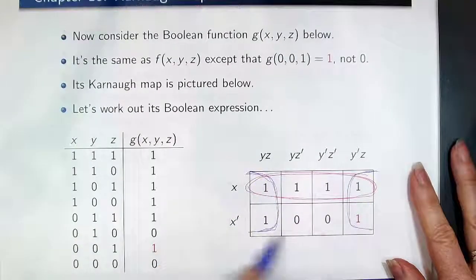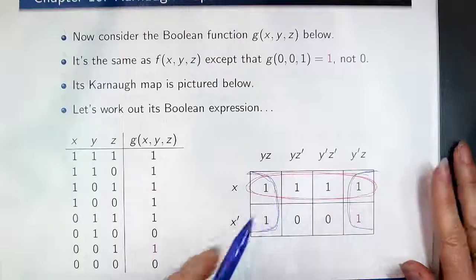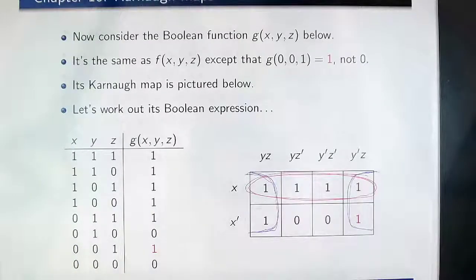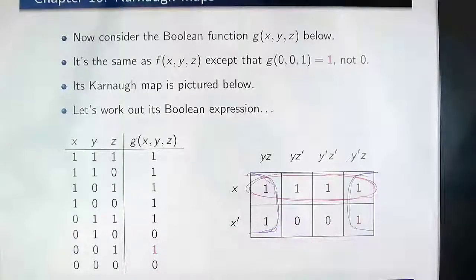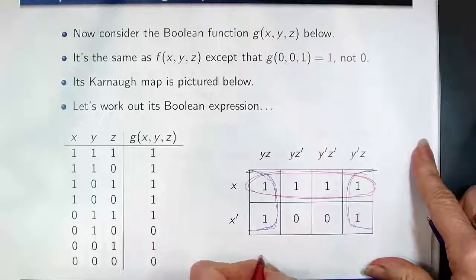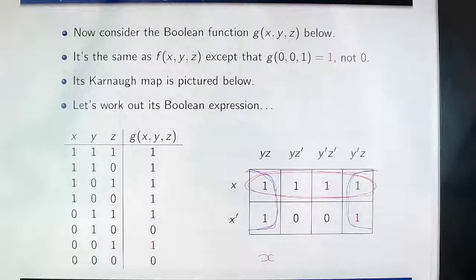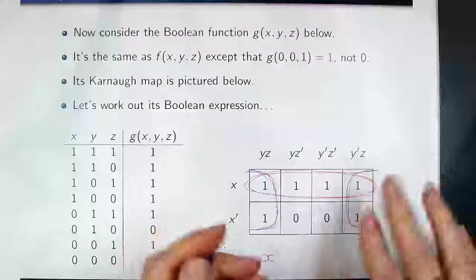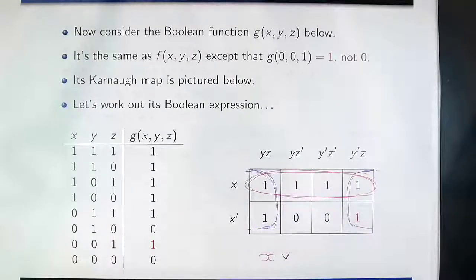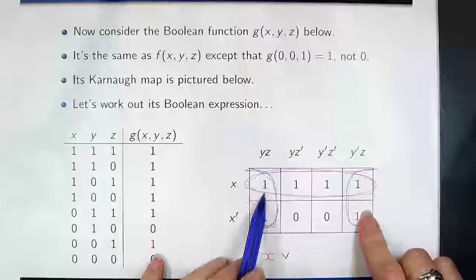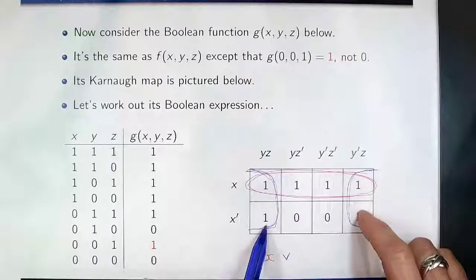So this will give you something simple. We know what the red box will give us. What does the red box say to us? Your function gives you 1s when you've got x. Now, what does the purple box say? You don't need y because there's y and not y.